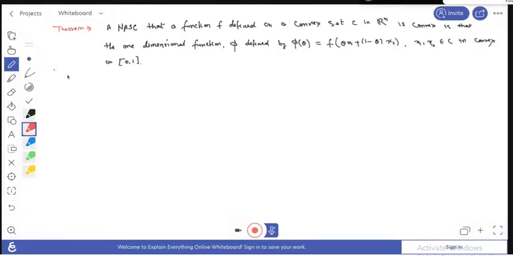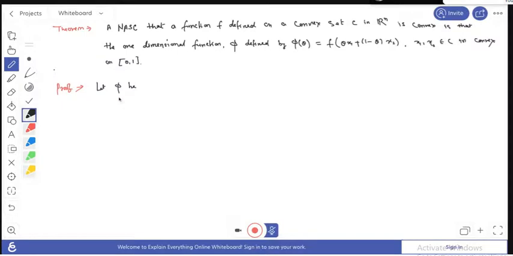Okay. So this is the theorem. So here we have to prove the necessary part and then the sufficient part. Okay. So here, first of all, we assume that this function phi is a convex function, and we try to prove that this f is convex.